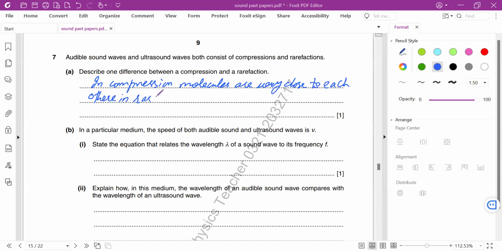In rarefaction, molecules are far apart from each other.